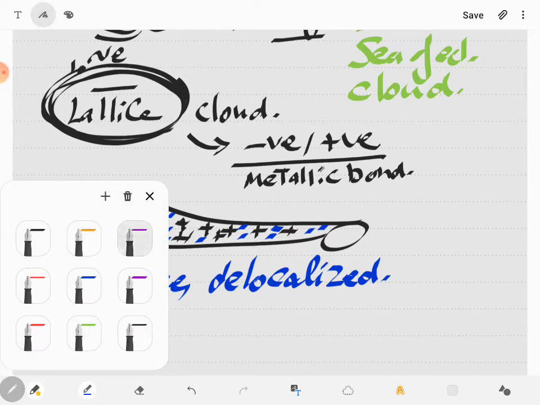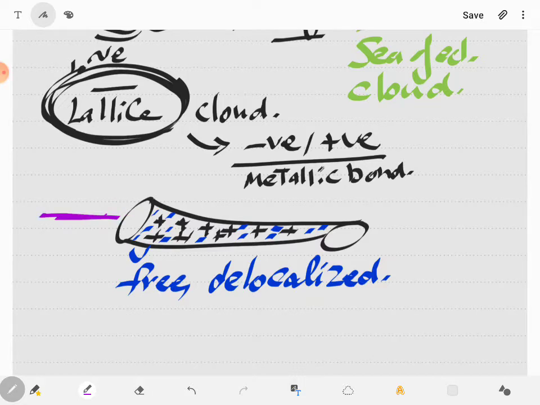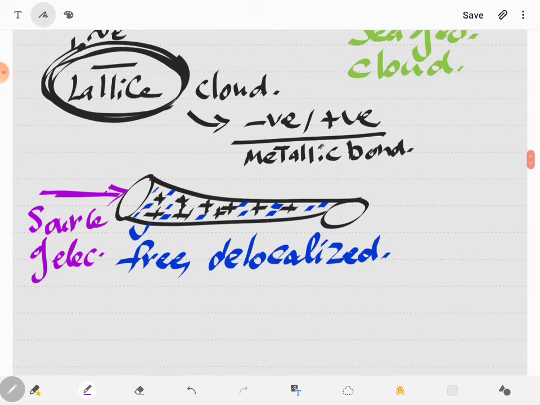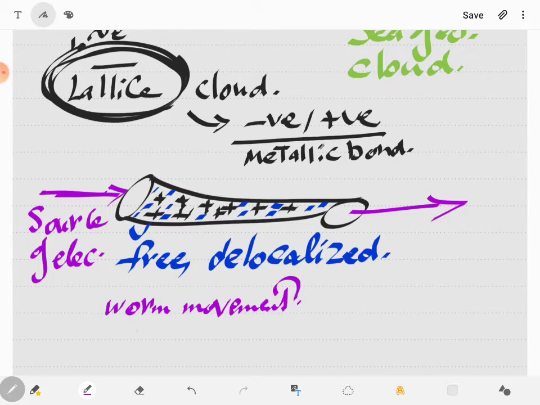Suppose you make a connection to a source of electricity. What will happen? This is the secret of why metal conducts electricity quickly, a very good conductor. The electrons make a kind of wave movement until they get out.